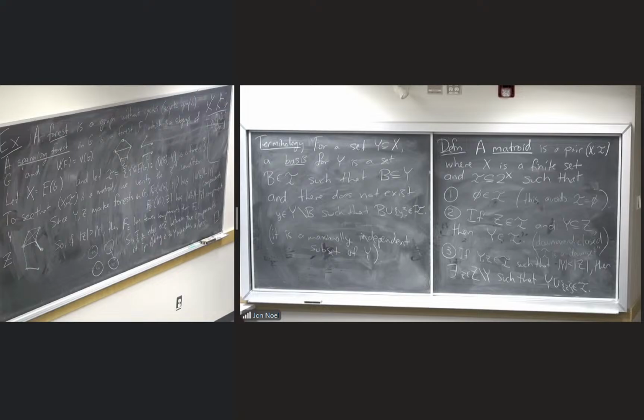So maybe here's a question. Suppose the graph G is connected, just to make our life simpler. What would be a basis for this matroid? When I say a basis for the matroid, I mean just the biggest independent set in this matroid if G is connected.